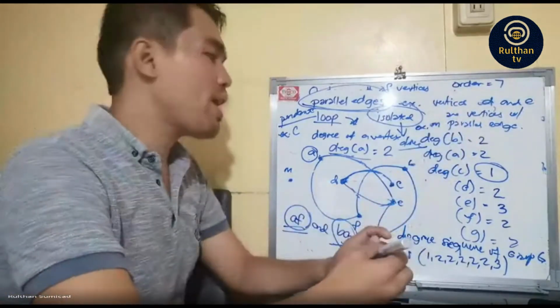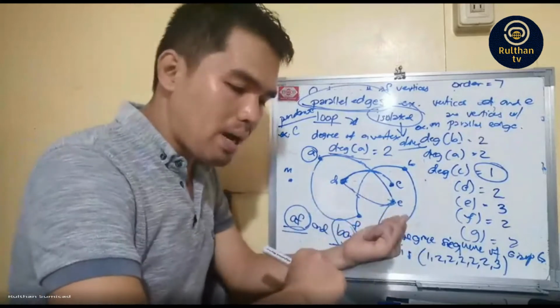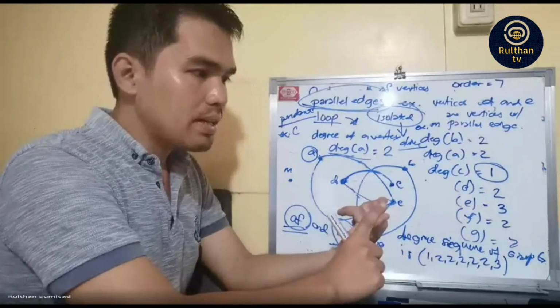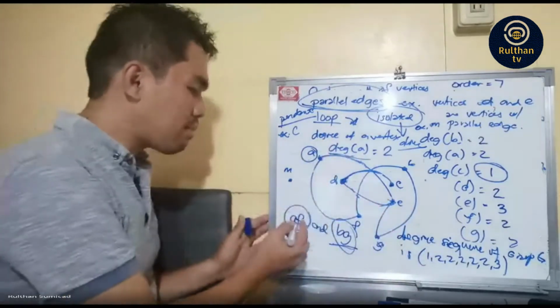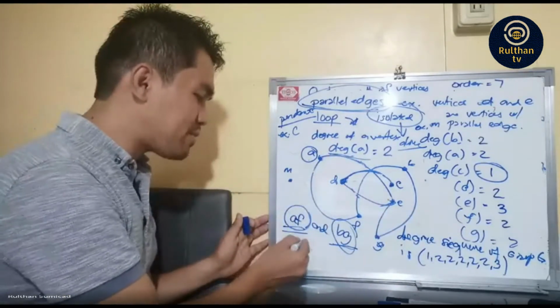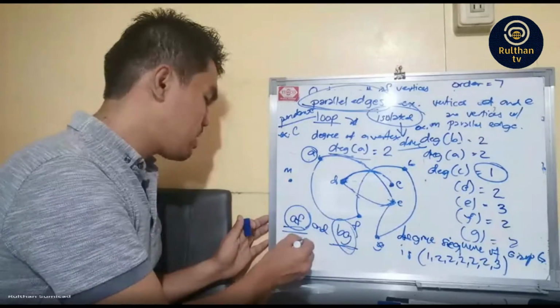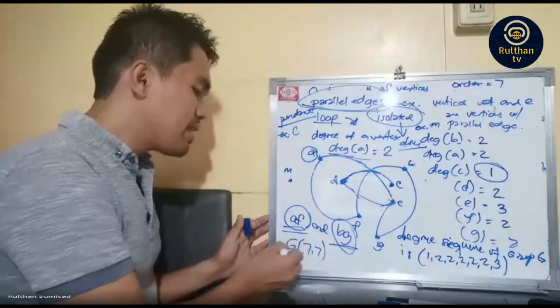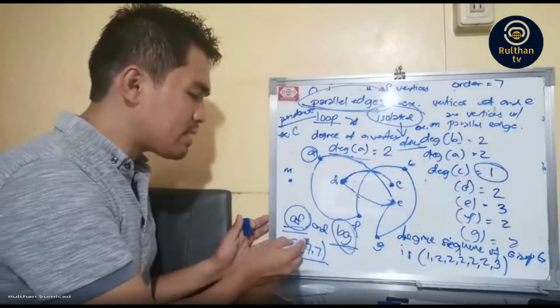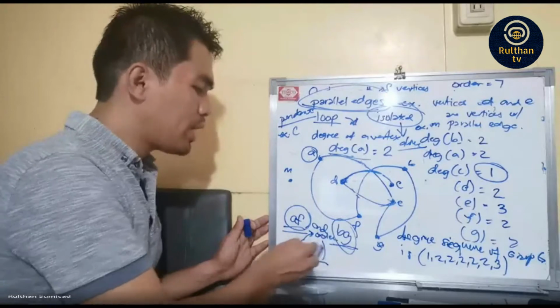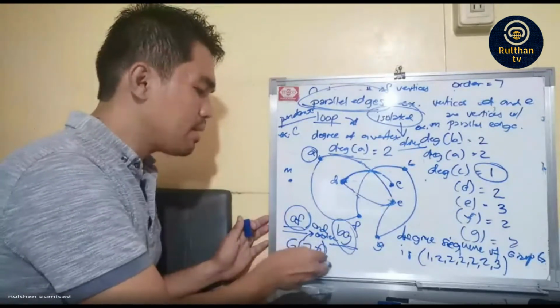Okay? So we talk about the order of the graph. By the way, the order of the graph can be written like this: this is graph G, and G is (7, 7). The 7, 7 here implies this is order 7, and this one is the size.